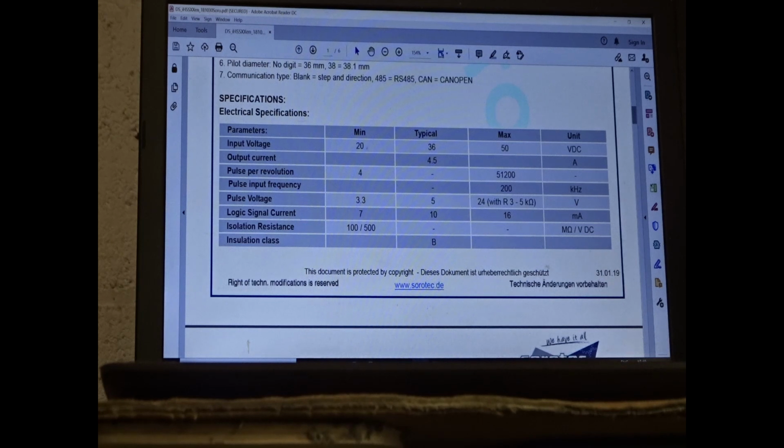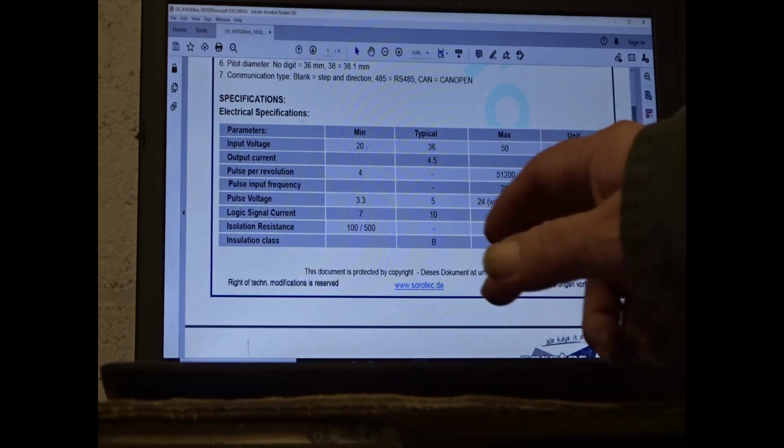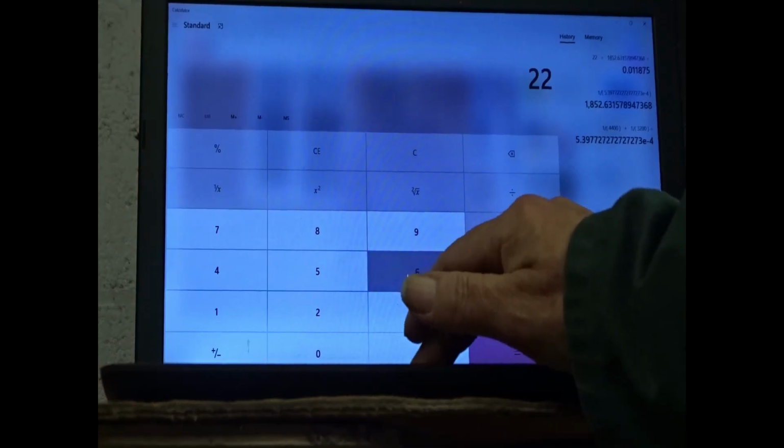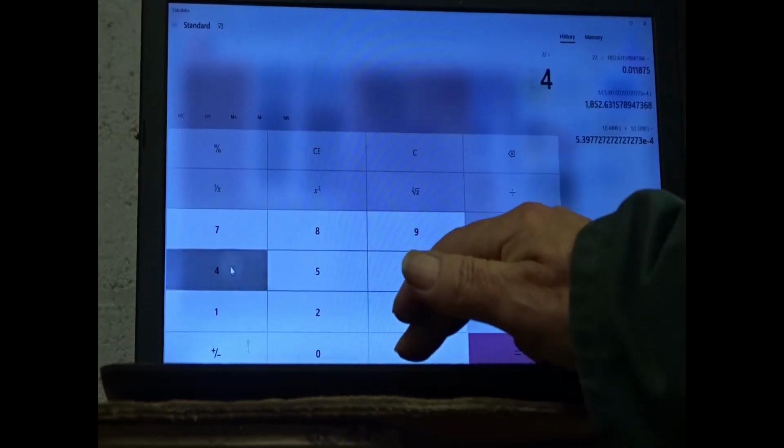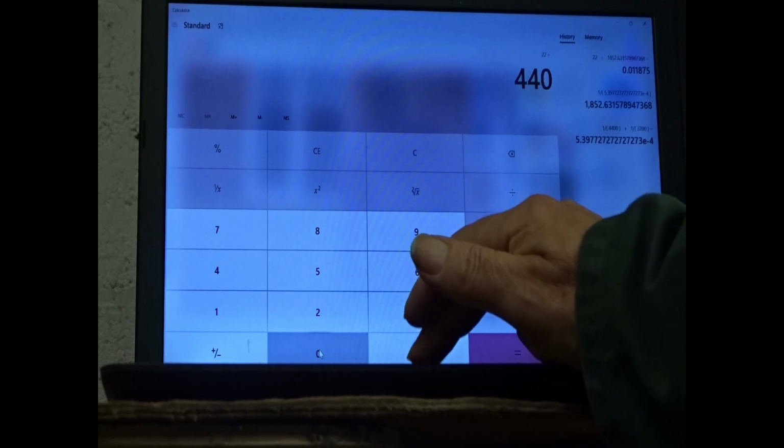So that's fine, doing no harm. If I was to go back to the 4.4, if I was to take out this circuit as I've taken it out now and go back to the 4.4 kilo ohms in series, 22 volts divided by 4400, that's getting me 5 milliamps.